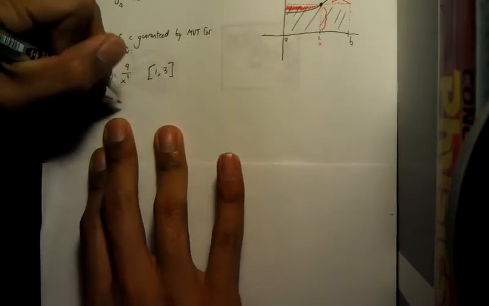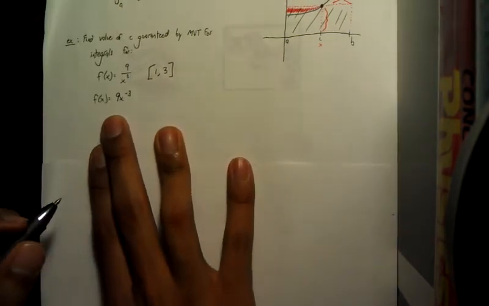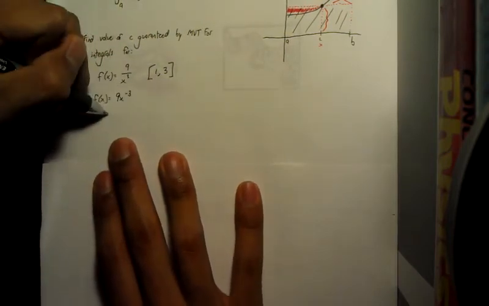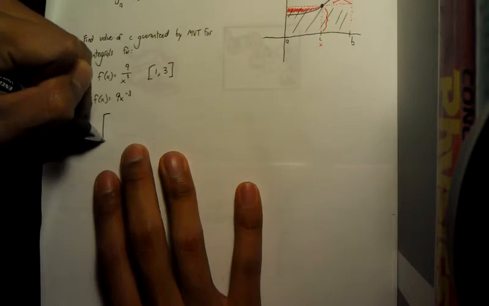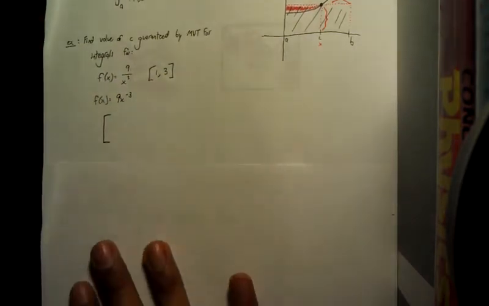First thing I would do before I start integrating is rewrite this as f of x equals 9x to the negative third.